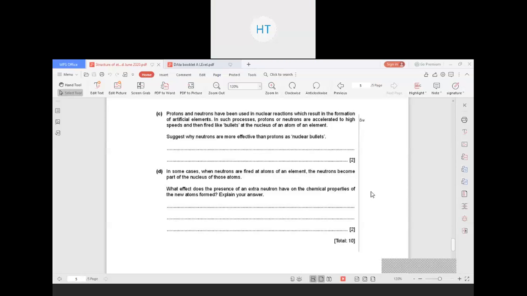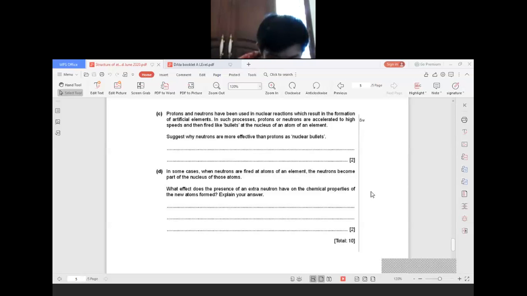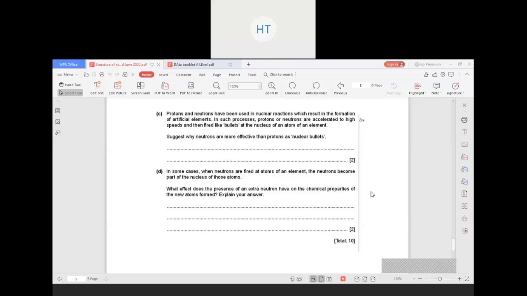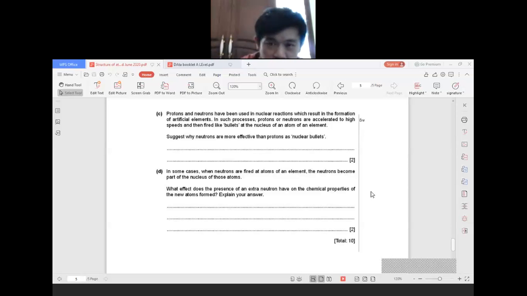Not the physical property. Atomic mass is a physical property. I don't know, sir. There is no effect, because the chemical property is based on the number of electrons, not the number of neutrons, because neutrons do not have any charge.